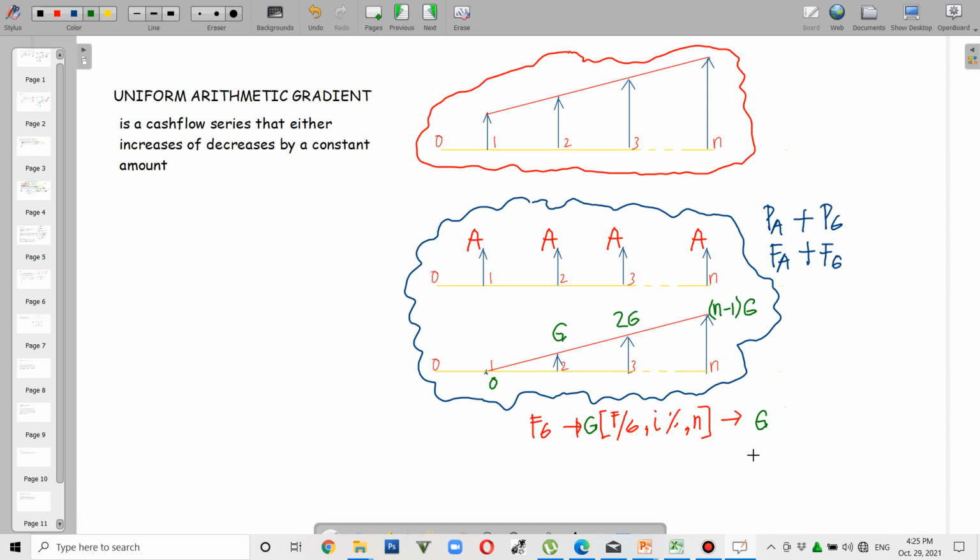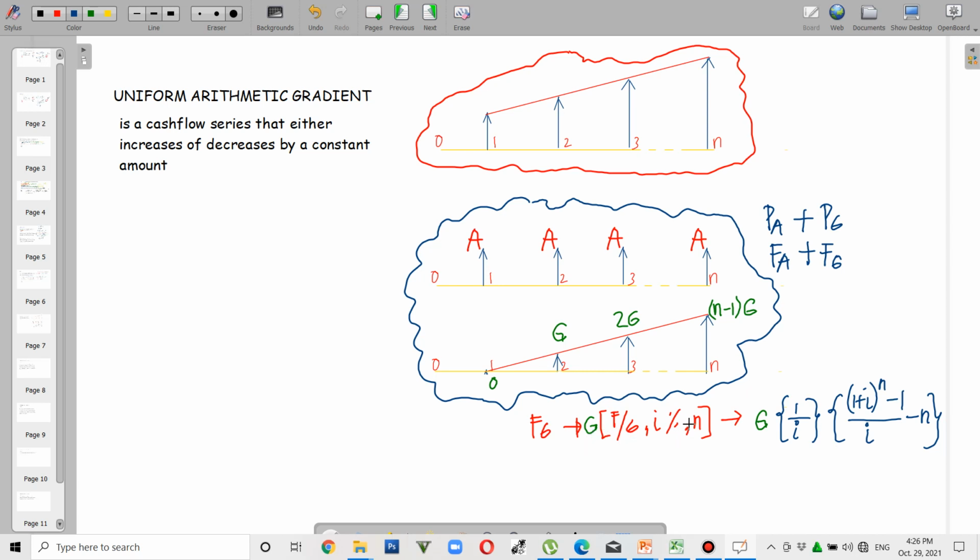And that formula is 1 all over I times, parehas dun sa formula ng present worth of annuity, (1 plus I) raised to n minus 1 all over I, minus n. So this is the formula of the future worth of the gradient.